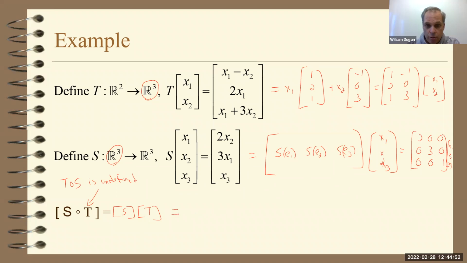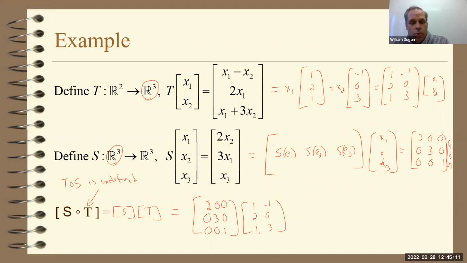So the standard matrix of the composition is just [2, 0, 0; 0, 3, 0; 0, 0, 1], and then I multiply it by [1, -1; 2, 0; 1, 3]. That's it.